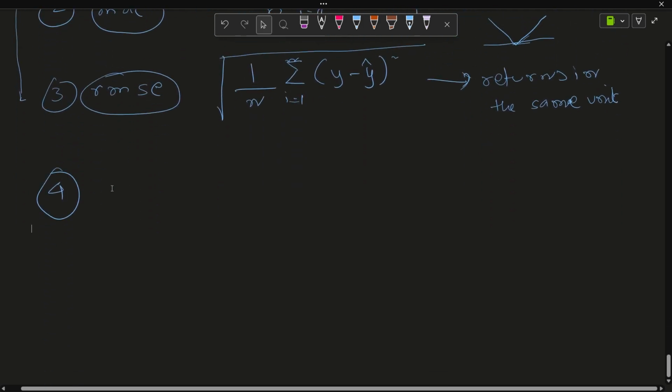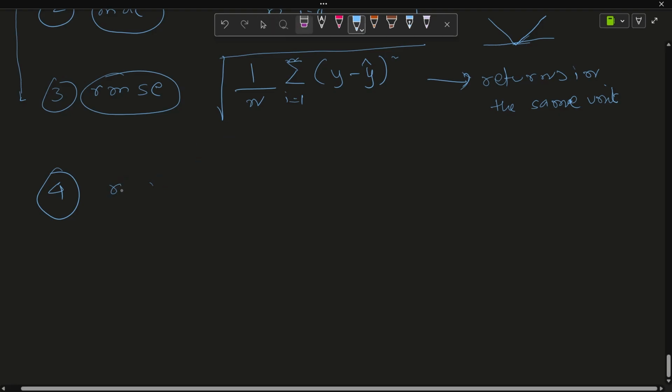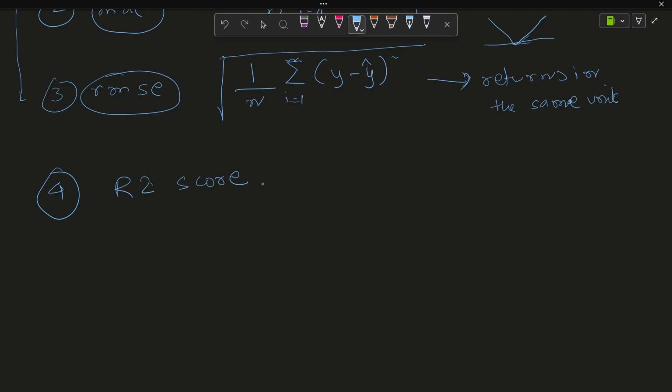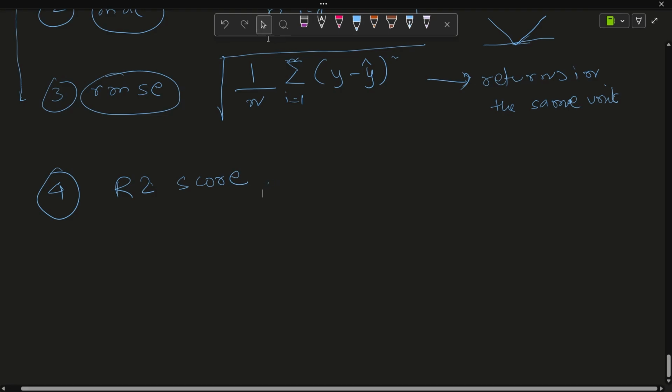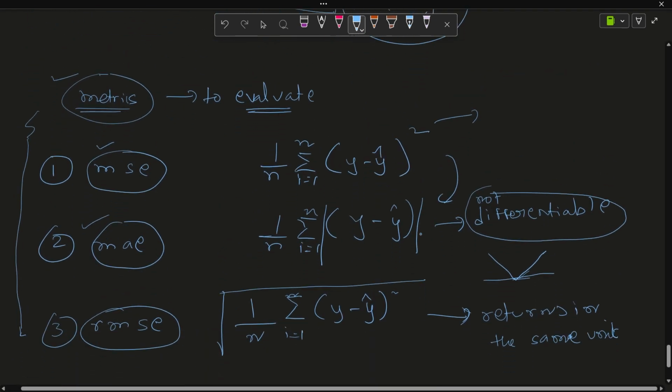Then there is the fourth one, which is R square, the R2 score. As you can see, with these three errors, you cannot compare one model to another model.